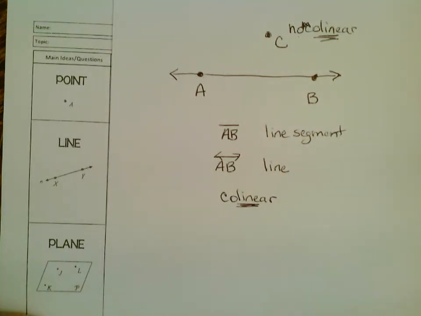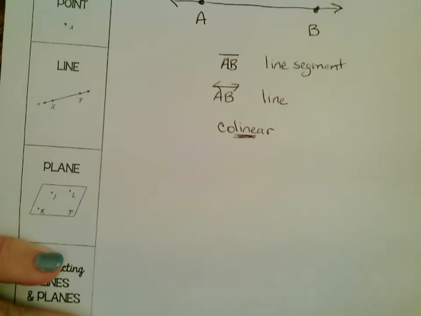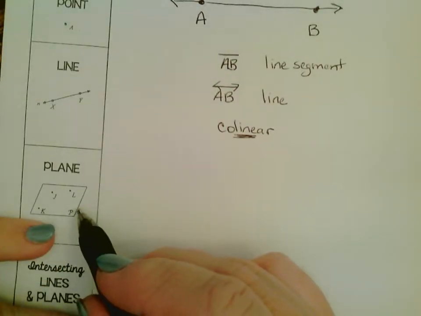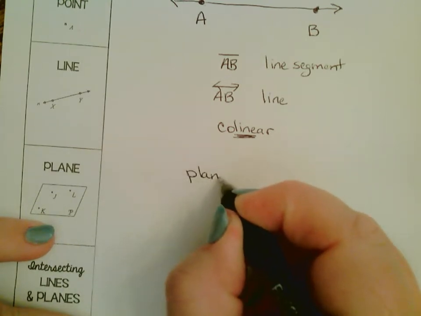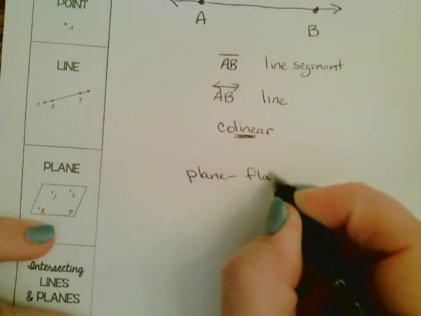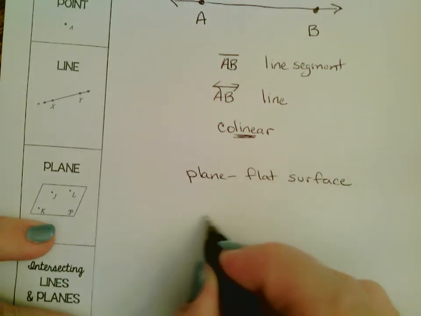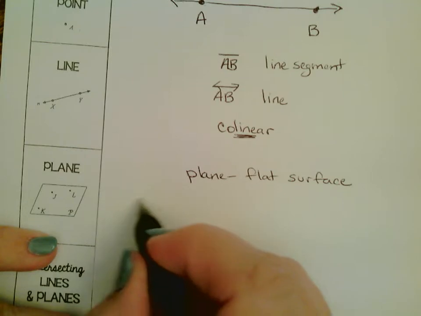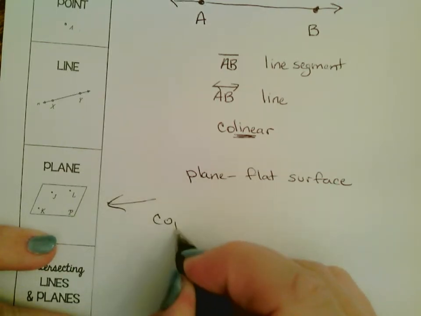We also have the plane. Okay, and the plane is any flat surface and any points on that flat surface, as in this box right here, are said to be coplanar.